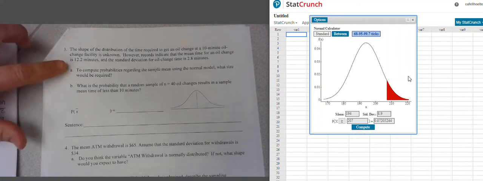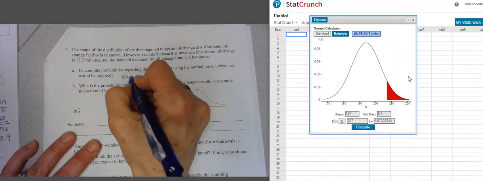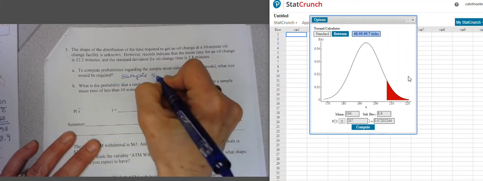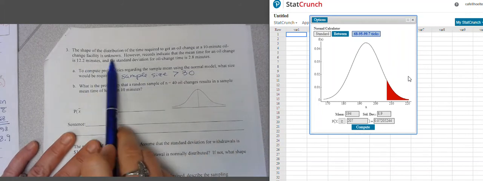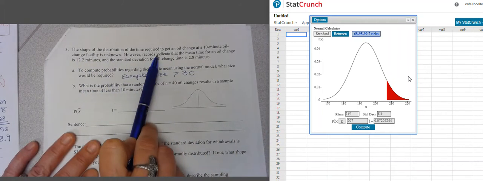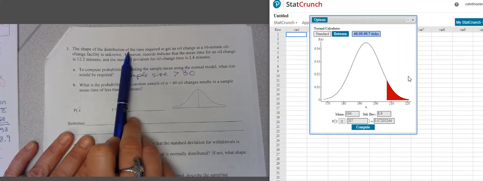The first question asks, to compute probabilities regarding the sample mean using the normal model, what size would be required? You need to at least have a sample size greater than 30, because we don't know the shape of this distribution. We don't know that this is normally distributed data.